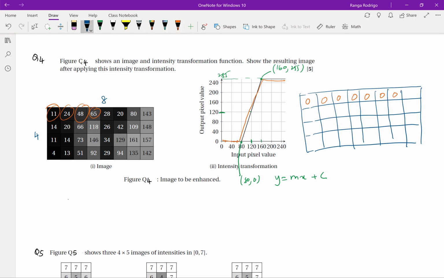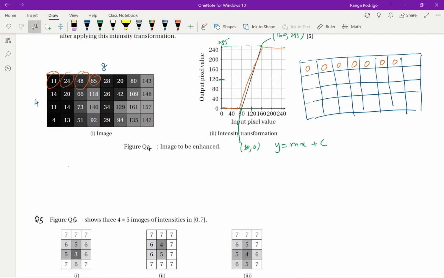I think let's do the full calculation. Okay, so m is 255 minus 0 divided by 160 minus 80. So this one is equal to, basic calculations, 255 divided by 80, 3.1875. So what is C?